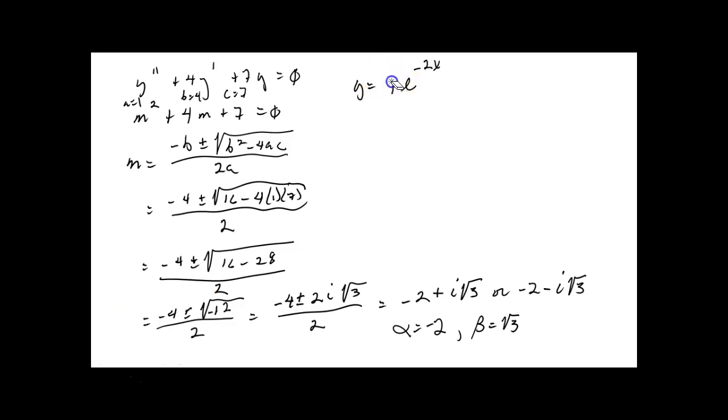To keep from having to write the e to the minus 2x twice, we just pull it out: e to the alpha x, the second way they write equation 8 up there, times c1 cosine of beta x, root 3 times x, plus c2 sine, root 3 times x. There's your solution.